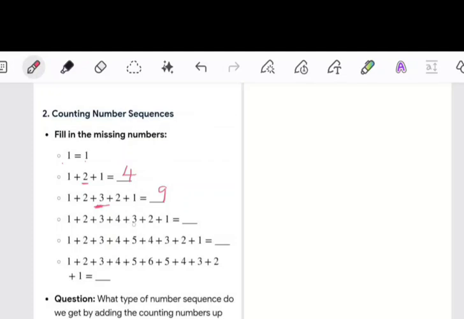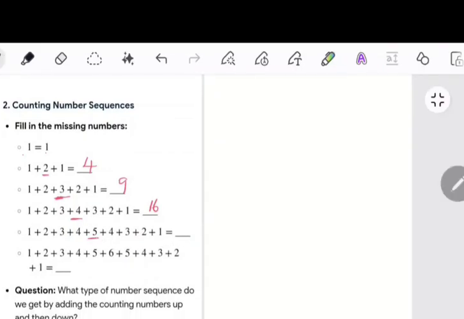Next one, 1 plus 2 plus 3 plus 4. 4 is the greater number. So by doing 4 square, we get the answer 16. If you have any doubt, just sum all these numbers, we get the same answer, 16. So the next number is 5. With greater number 5, we take the square, that is 25.